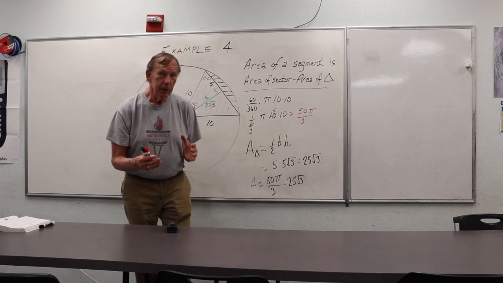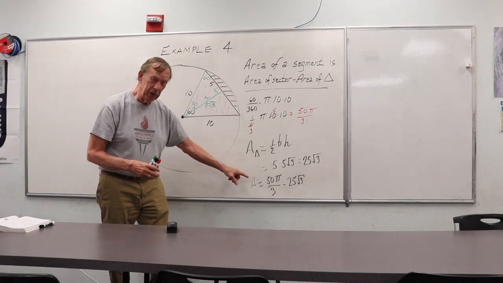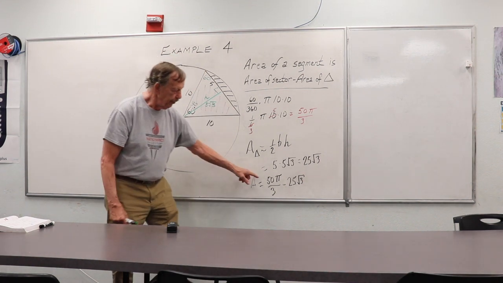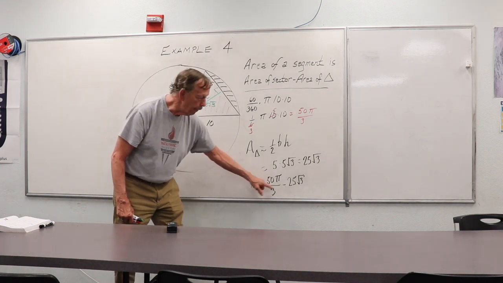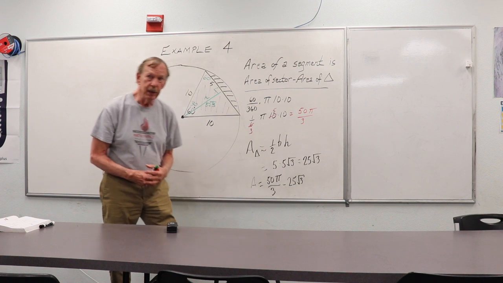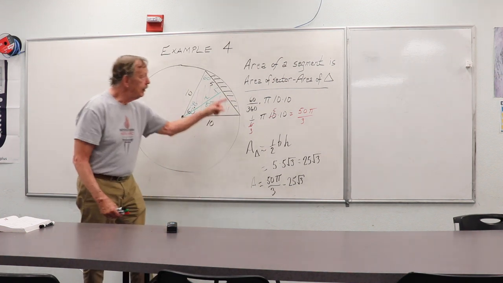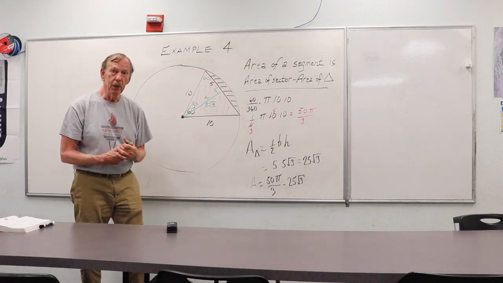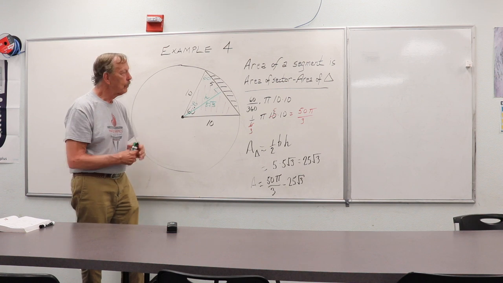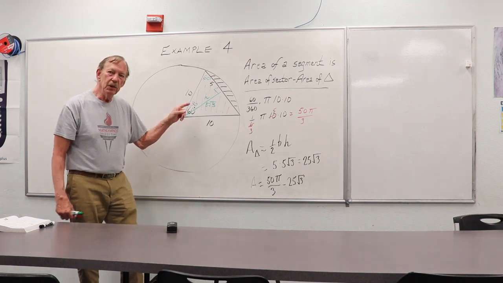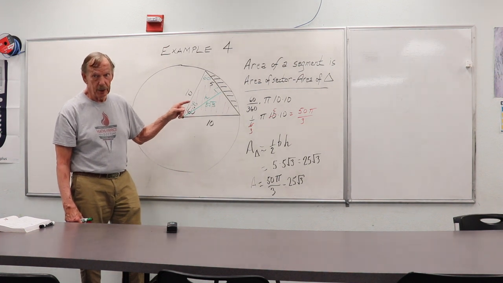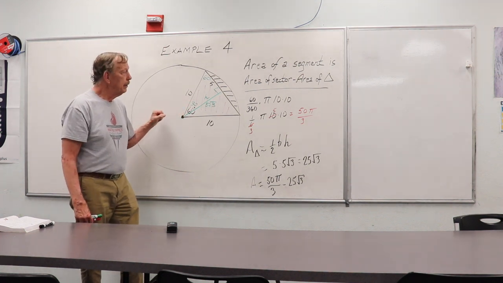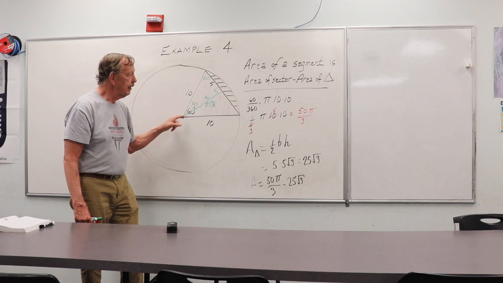Now, I warned you all that some of these would look kind of weird, but that expression right there, 50 pi over 3 minus 25 times radical 3, is the area of that little segment. We needed to know the relationships in a 30-60-90 triangle in order to find h.